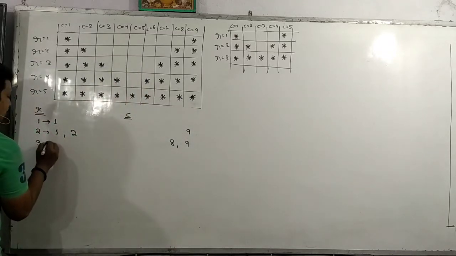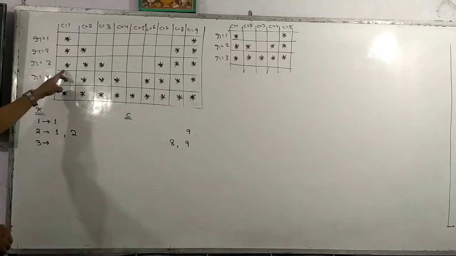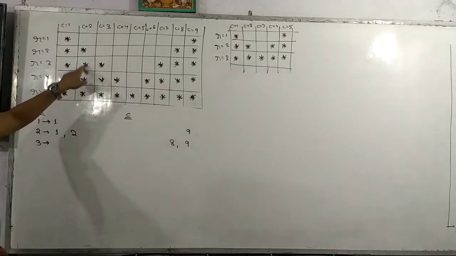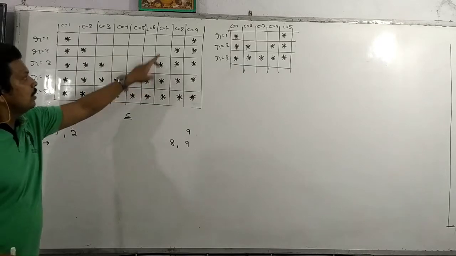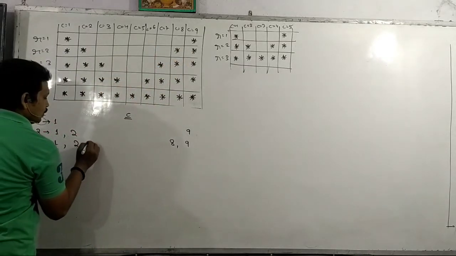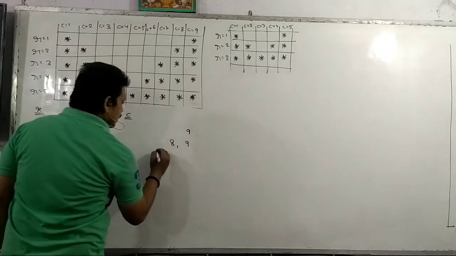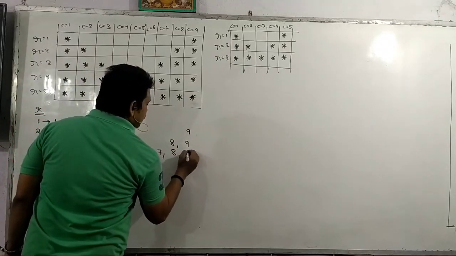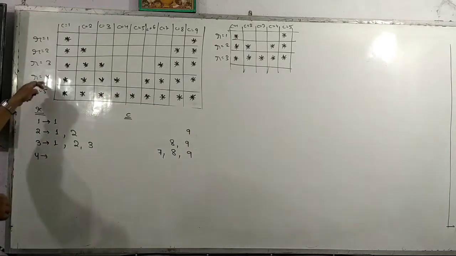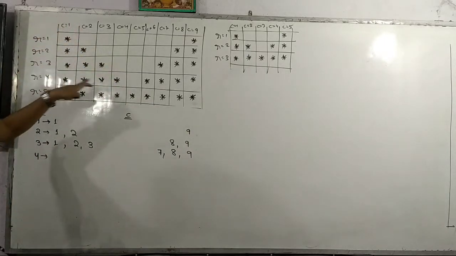When R is equal to 3, on which values of C are the stars getting printed? When C is equal to 1, 2, 3, 7, 8, 9. When R is equal to 4, on which values of C are the stars getting printed?